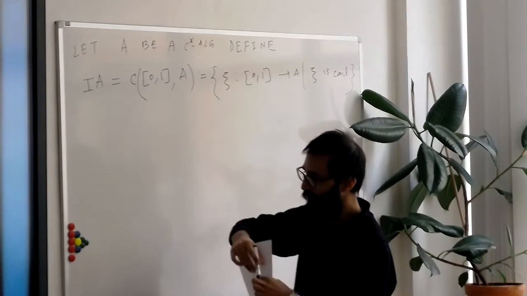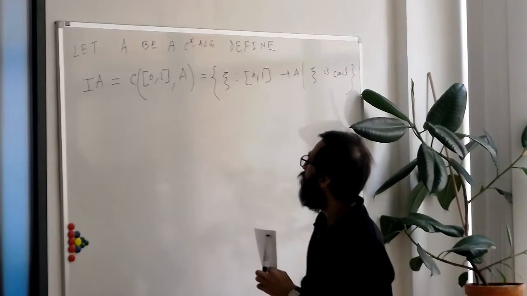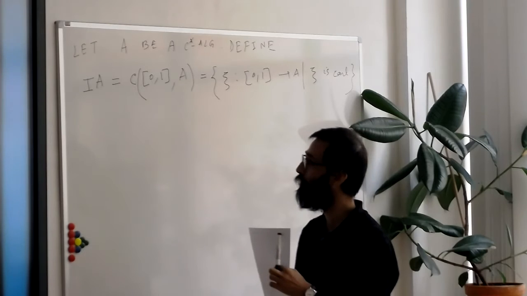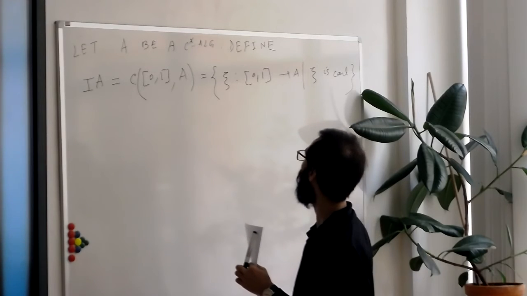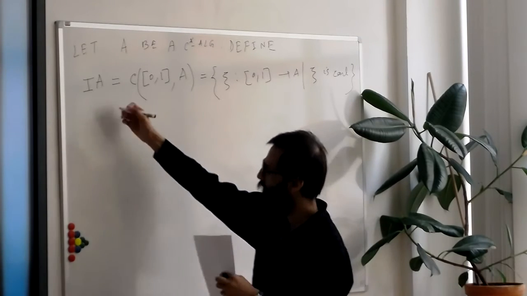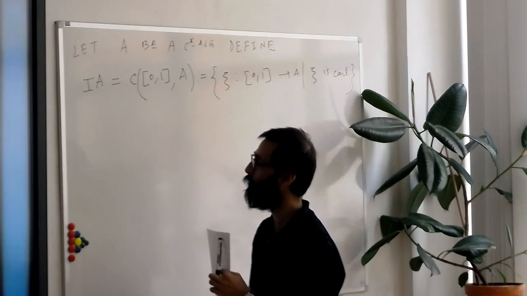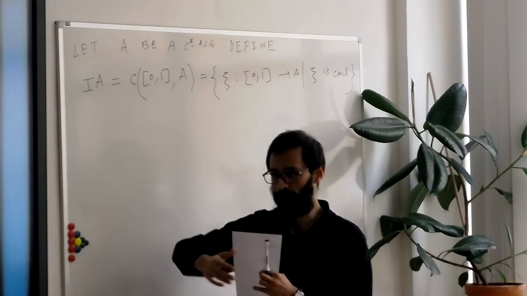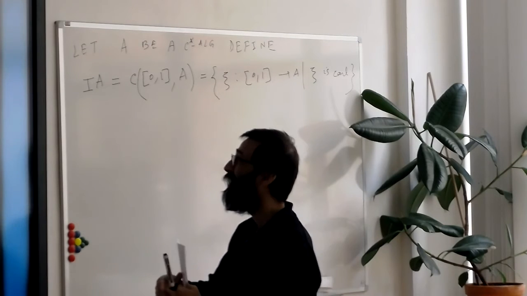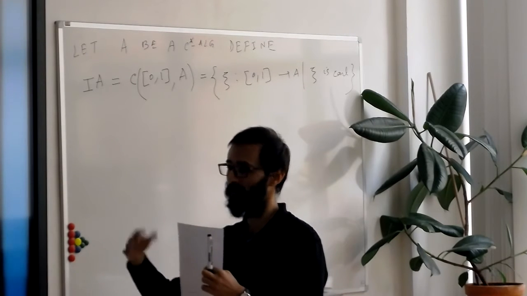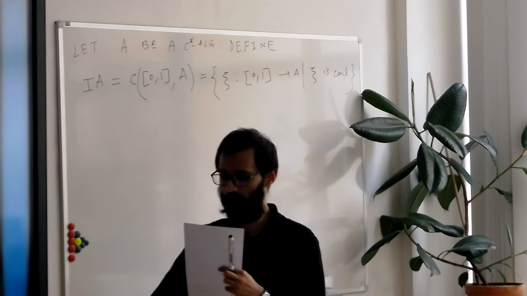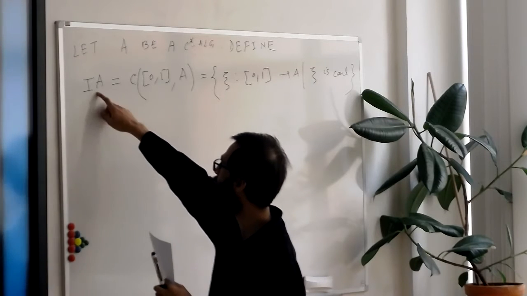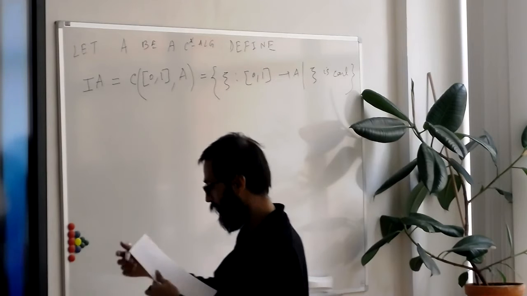IA is the cylinder of A. That's the continuous functions from the unit interval [0,1] to the algebra A. If you take A to be C(X) or C0(X) for some locally compact Hausdorff space, you see the cylinder X cross I. And C(X cross I), by some exponential law, is C(I) tensor C(X), and you replace the C(X) by A here.